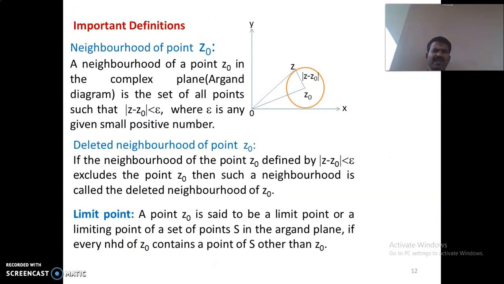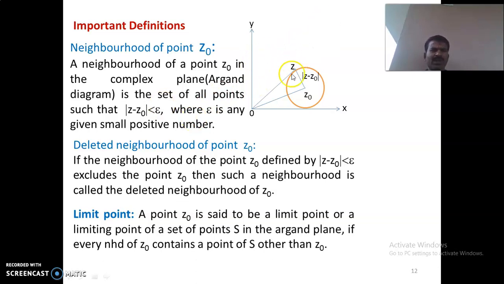First, what is the neighborhood? A neighborhood of a point z0 in the complex plane, the xy plane, is the set of all points such that the modulus of z minus z0 is less than epsilon, where epsilon is a very small, always positive number.